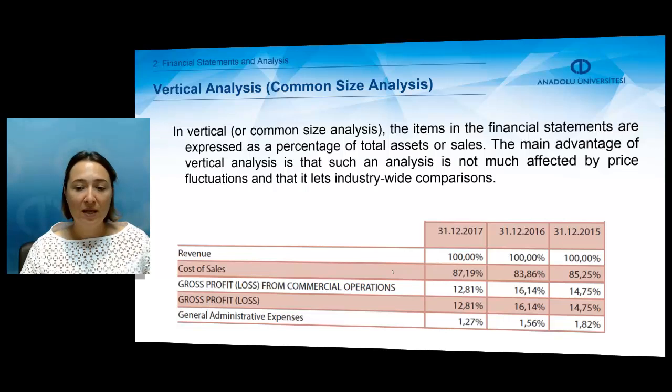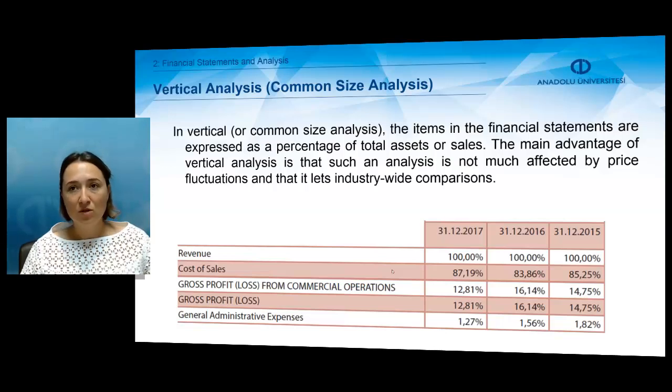We want to make comparisons, so we use vertical analysis. In that sense, it's useful for turning big numbers into percentages. So we express all items in a balance sheet or in an income statement as a percentage of sales revenue or as a percentage of total assets.